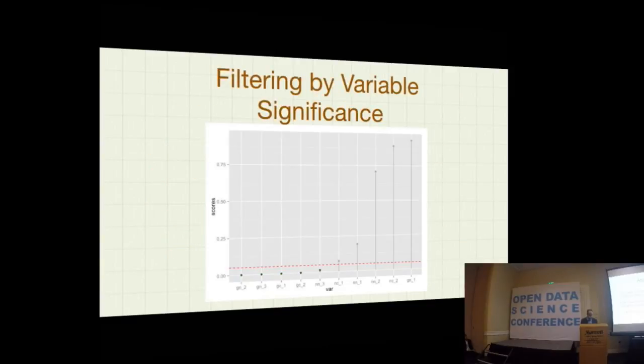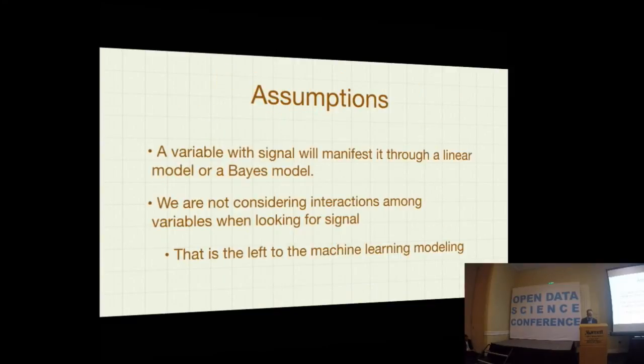There are a lot of assumptions here, most of which are going to be false for different data sets. One is that the variable's signal will manifest itself through a simple linear or Bayes model, so we're not using very complicated models for these one-variable models. I might want to use something like a generalized additive model, but it's more expensive, and I'm doing this to a lot of variables.